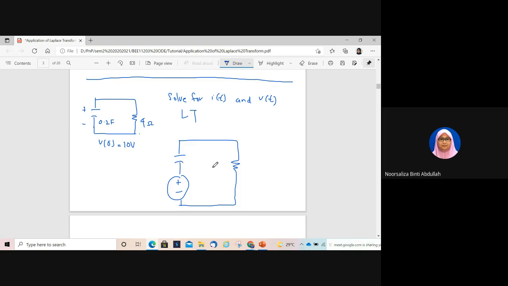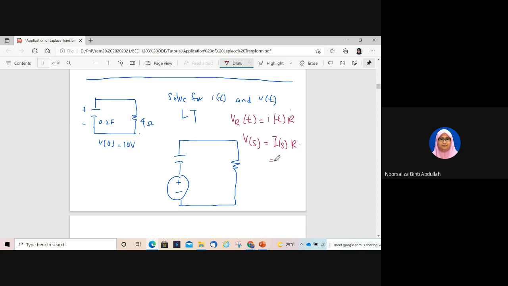For R, we know that v_R(t) equals i(t) times R. If you change to V(s), it will be I(s)R. What is the value of R?